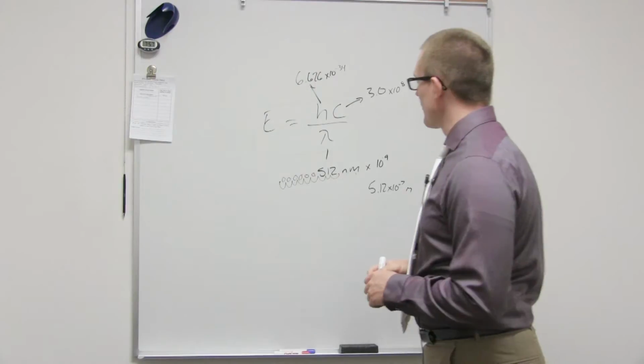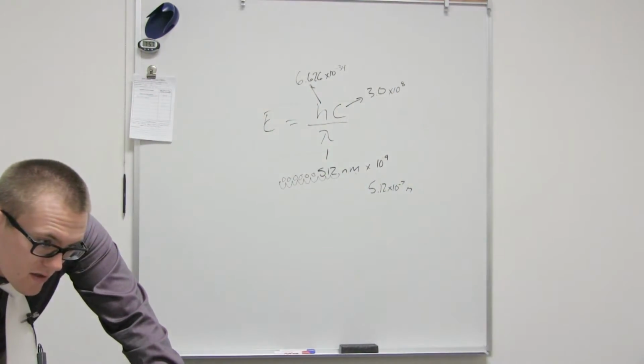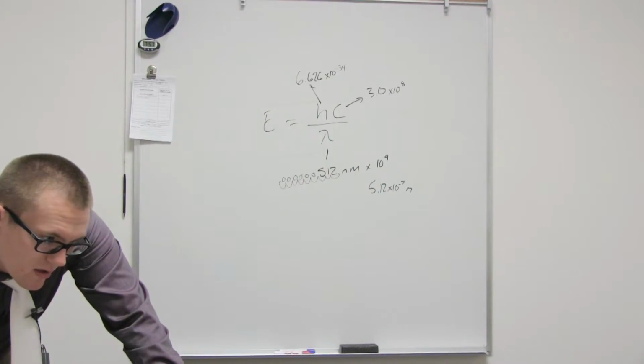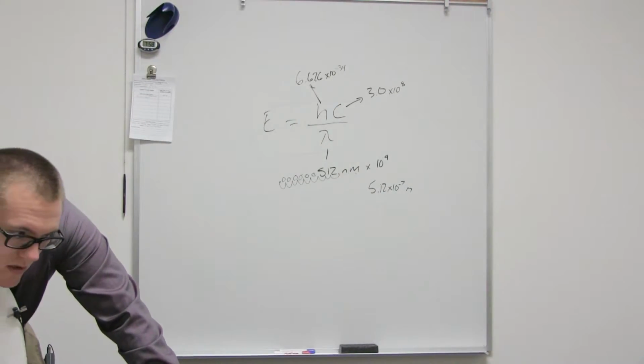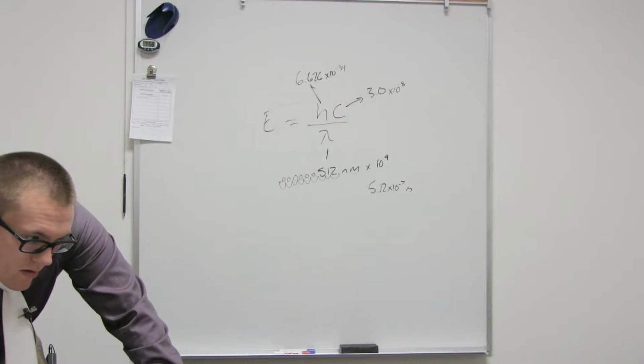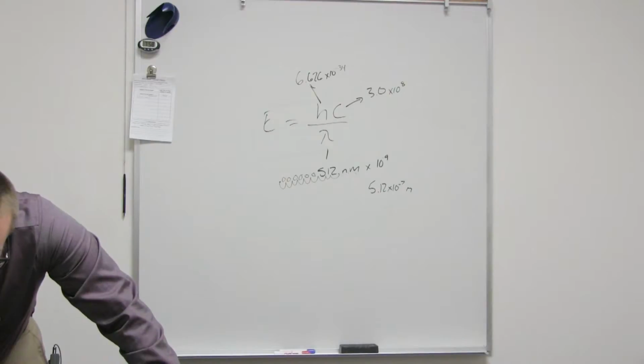Okay, let's go through it. So what answer did we get? I got 1.885 times 10 to the negative ninth. That was part of the other answer. Oh, okay.